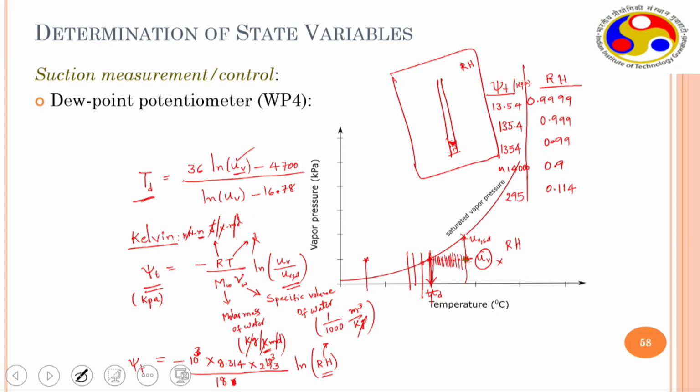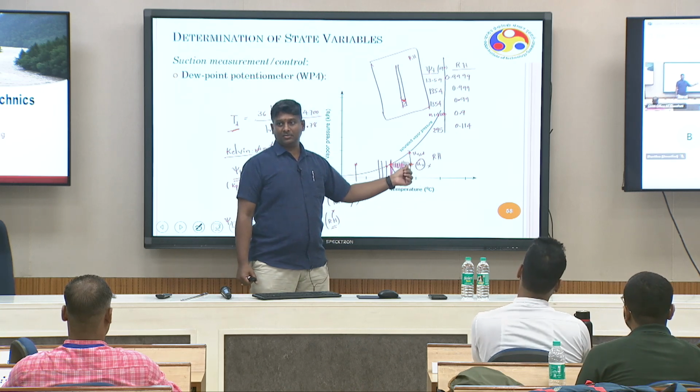If the soil sample has a certain UV, it tries to cool down until dew formation takes place. That is the point where dew has formed, right? So the initial temperature was known, so it can evaluate UV.